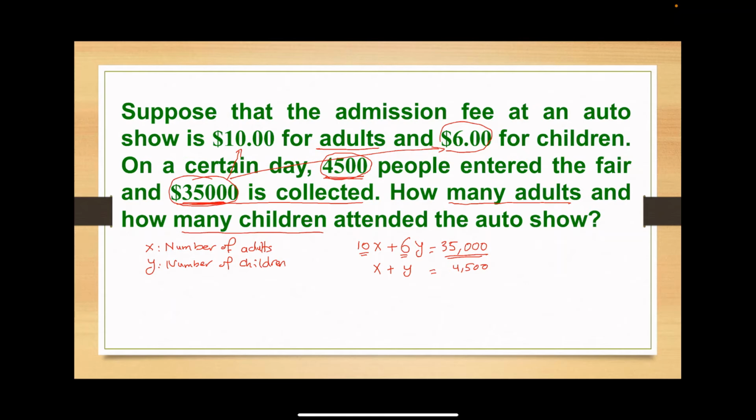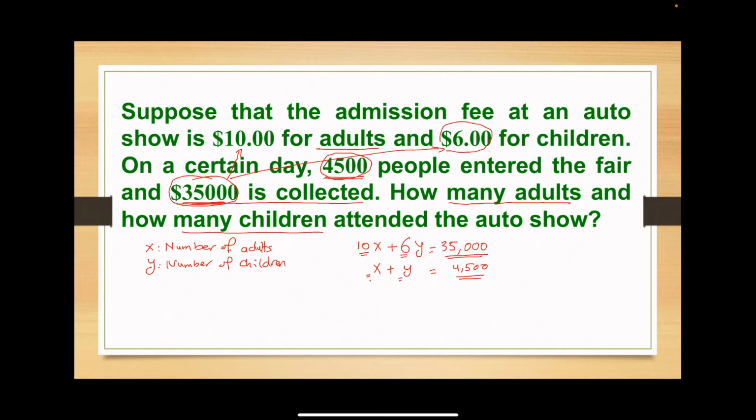Again, we have a coefficient of 1, a coefficient of 1, and the number 4,500. Why are the coefficients equal to 1? Because we want only the number of children and the number of adults to equal 4,500.